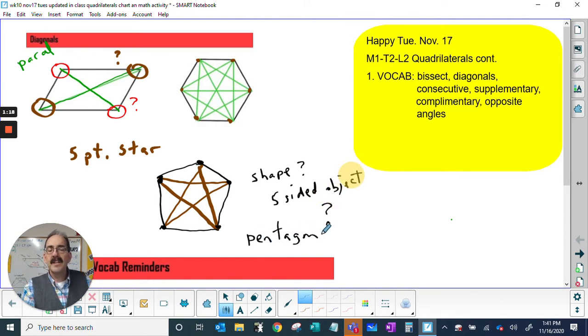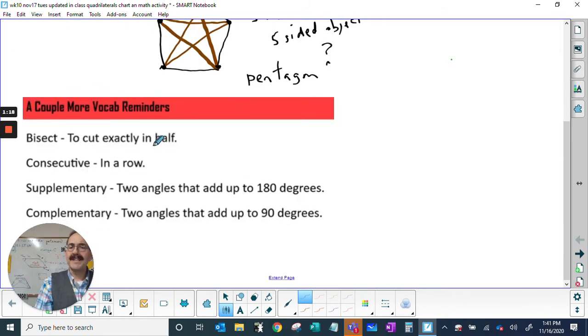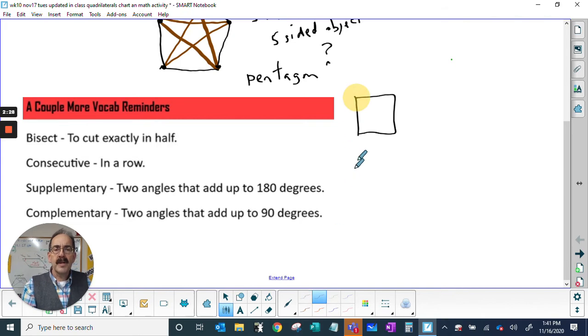All right. Let's look at our vocabulary before we move on. Bisect: to cut in half. To bisect something is to cut it in half. And I think we all agreed the other day that if I have a square and I draw the diagonals, we bisect the angles.